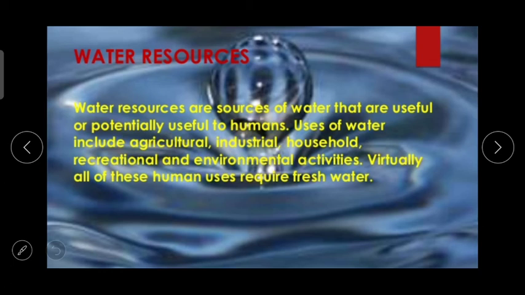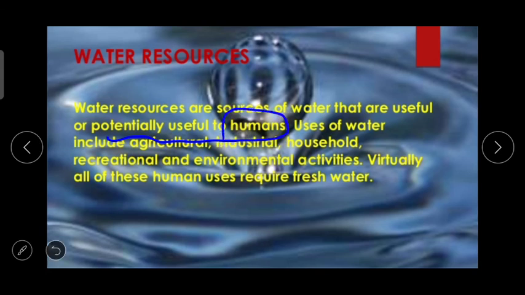So in these pictures, man is seen using the natural resource water for fulfilling his needs. So right from the time we get up in the morning, we keep on using water till we go to bed at night. And this shows how important water is as a natural resource. Water resources are sources of water that are useful or potentially useful to humans.